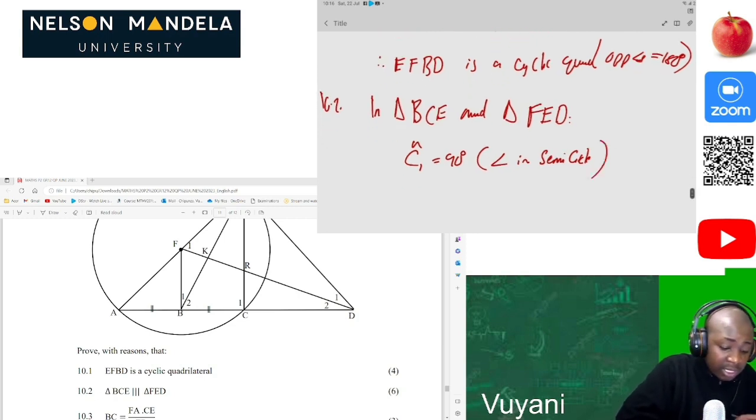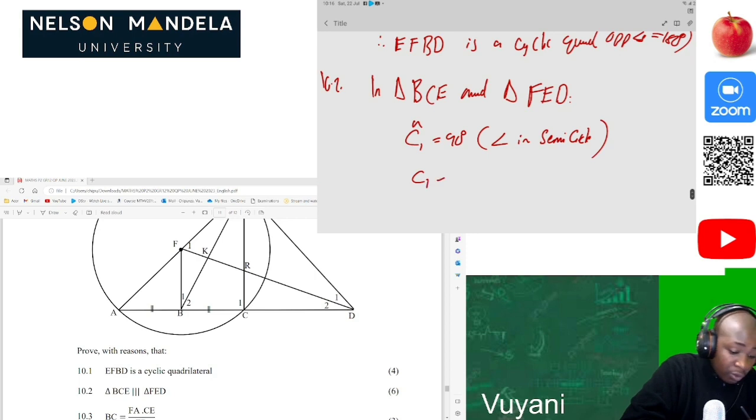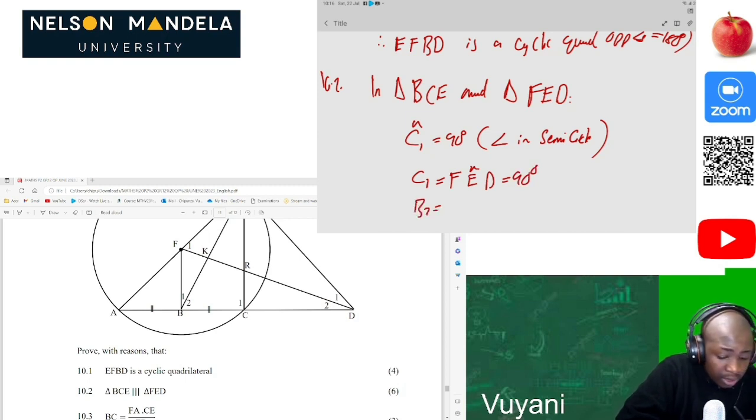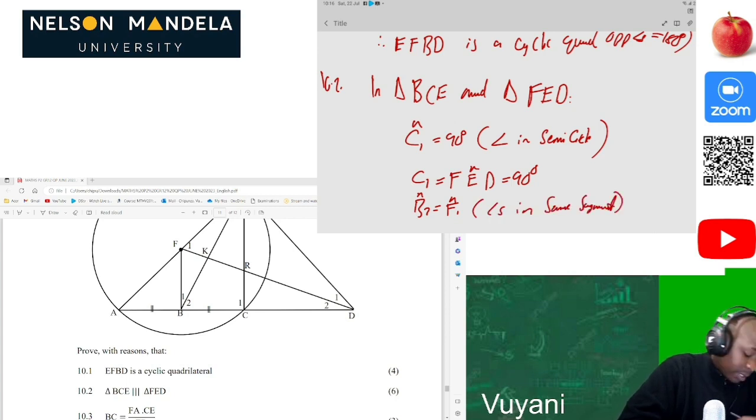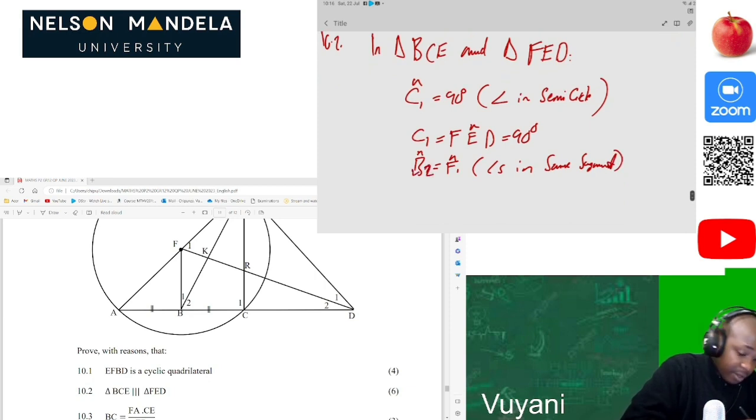In these two triangles, C1 will also be equal to FED, which is equal to 90 degrees. Also B2 is equal to F1. Why? Angles in the same segment. Then E2 is equal to angle D1, third angle of a triangle.